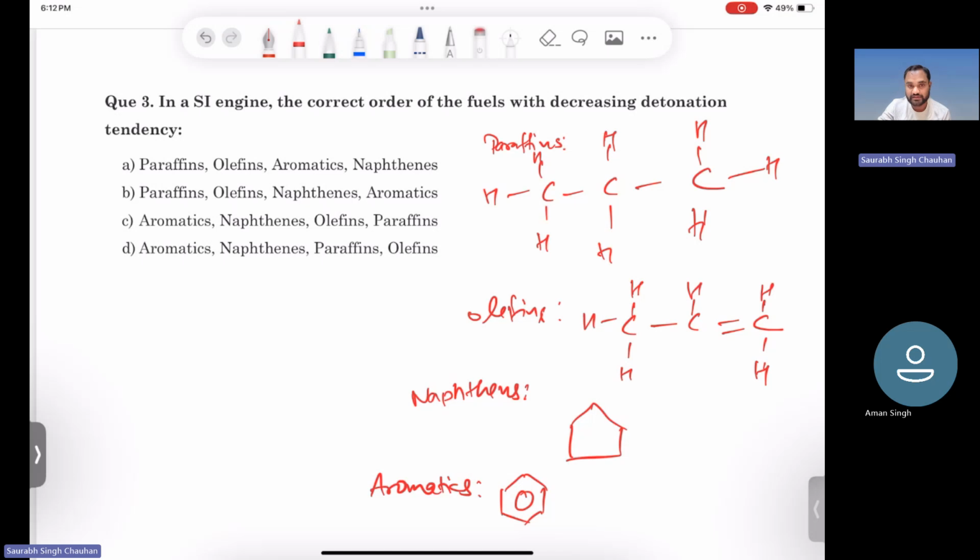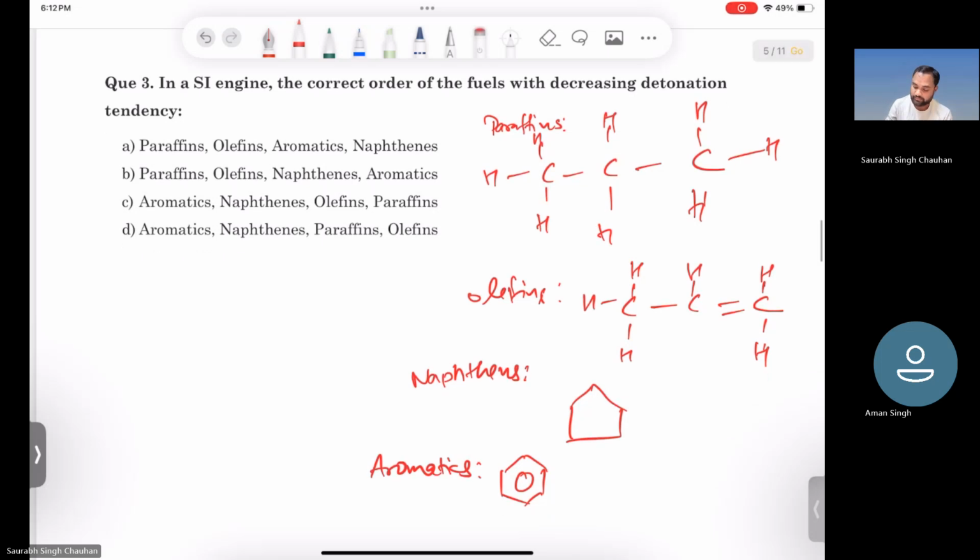And olefins have one double bond, so they are unsaturated and have a tendency to get saturated. As compared to naphthenes they are a little less stable, so olefins have more detonation tendency, right?